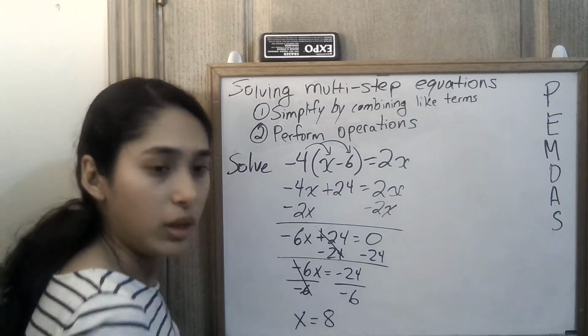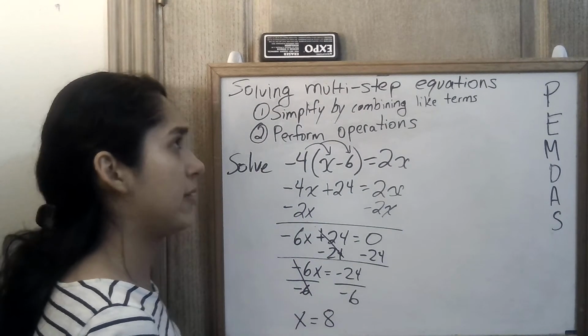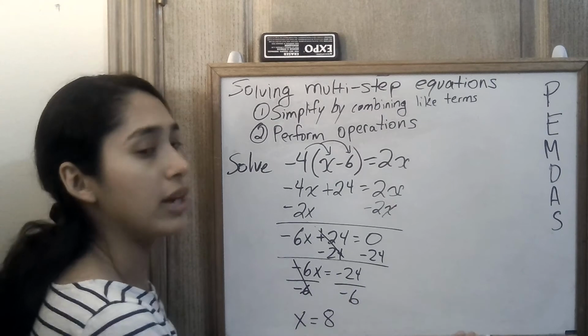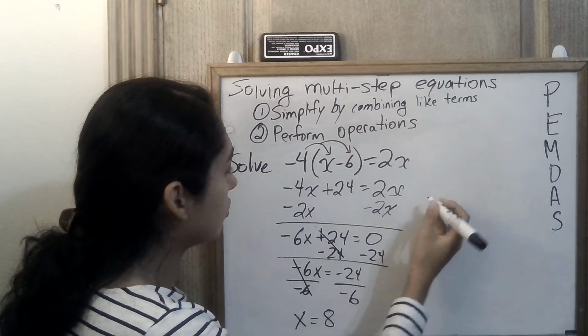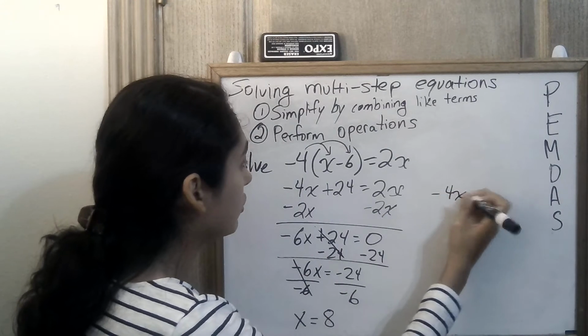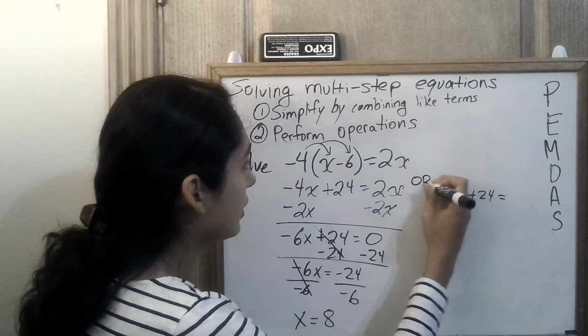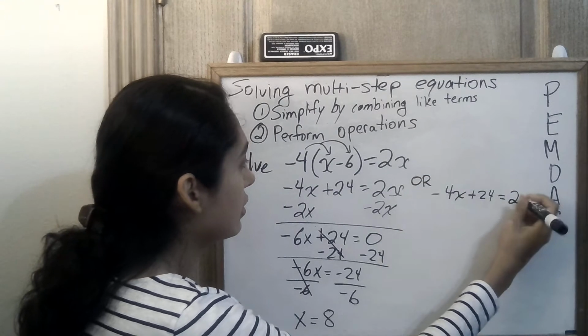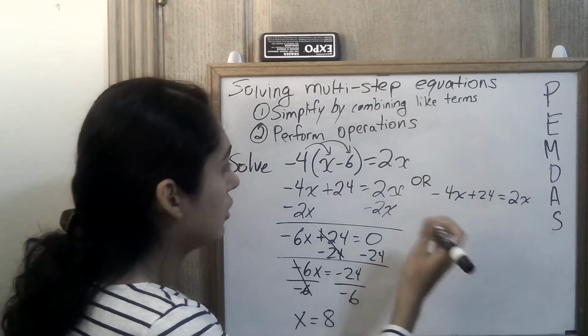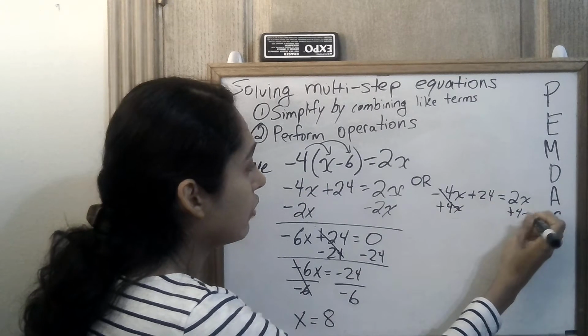Some of us might be totally comfortable with 8 equal to x being the same thing. You can save a little bit more steps by doing that. So let's recopy this and do another scenario. Add the 4x this way, just keep everything positive. This is the thing with math.